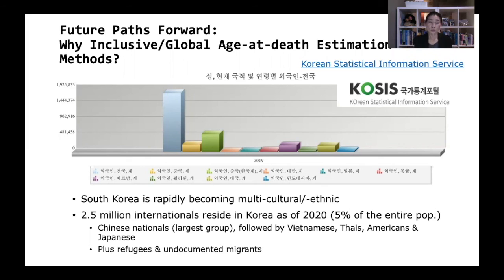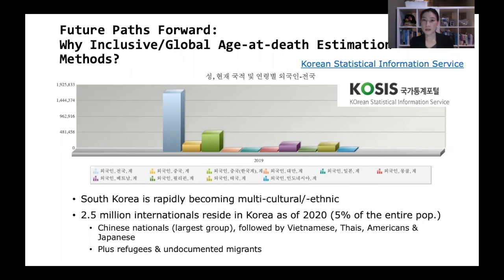The majority of those internationals include Chinese individuals, the largest group, followed by Vietnamese, Thais, Americans, Japanese, Russians, Cambodians. The list goes on and on. And the number even goes up if we include refugees and undocumented migrants.